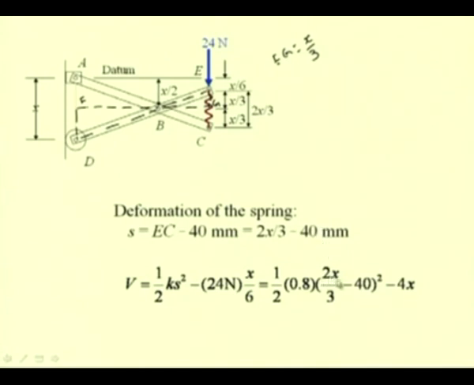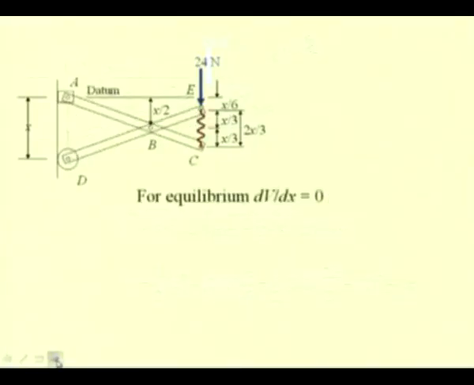So, we write that 0.8 by 2 times (2x by 3 minus 40) square minus this term, which when simplified is 4 times x. So, now we have the potential energy term, and for equilibrium we have to differentiate this with respect to the coordinate, that is x, the coordinate that specifies the configuration of the system. So, we differentiate it and equate it to 0. So, we have dV by dx equal to 0.